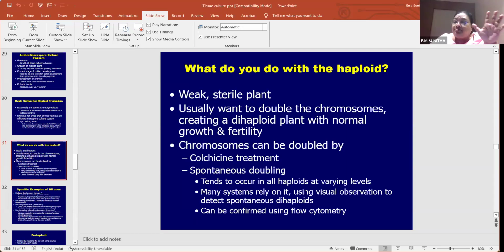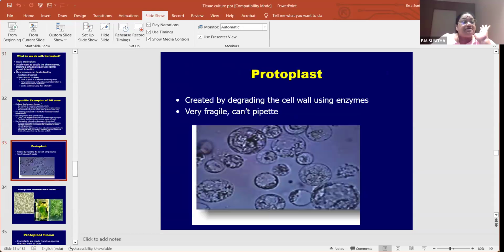You're not getting one from mother and one from father; you're getting this from the same haploid. Since you are doubling the same, you call them dihaploid plants, with normal growth and fertility. Everything will be normal, but it is dihaploid.